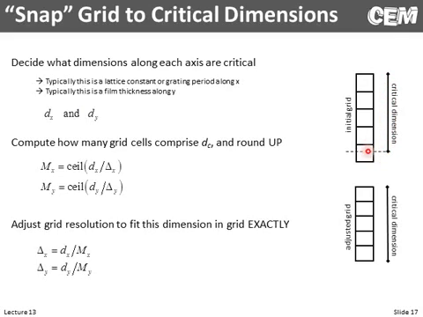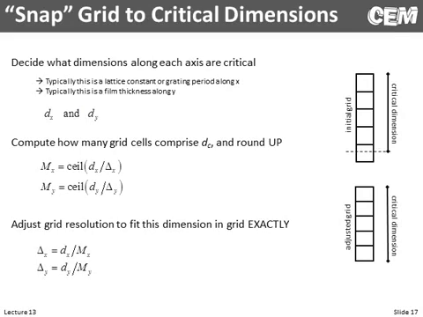Well, we see we messed up a little bit calculating our delta Y parameter, and we can't get this dimension represented exactly. Well, what we can do is shrink delta Y until this boundary lands right on this dashed line. And when we do that, we have represented that dimension exactly.